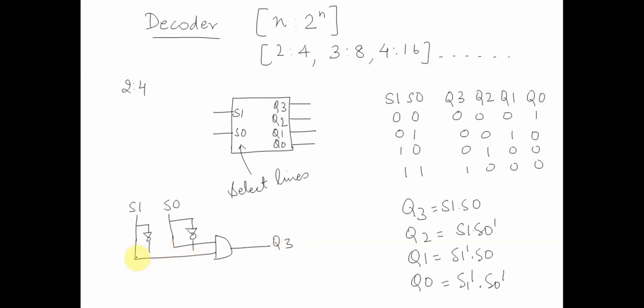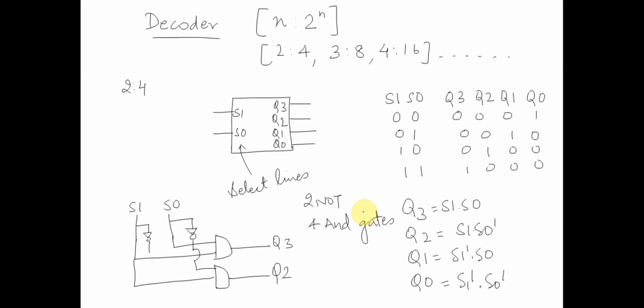Similarly, Q2 is S1 into S0 bar, and so on. So this decoder circuit would be implemented with two NOT gates and four AND gates. This is an example of a simple decoder with two inputs and four outputs.